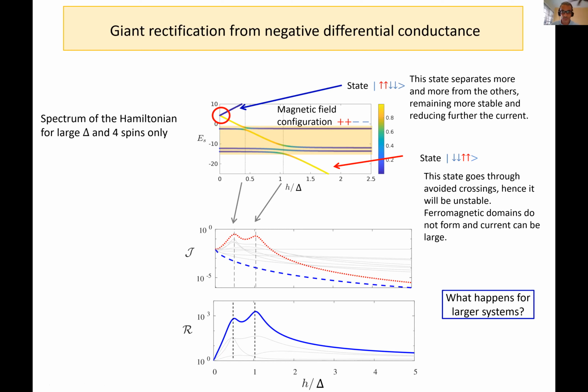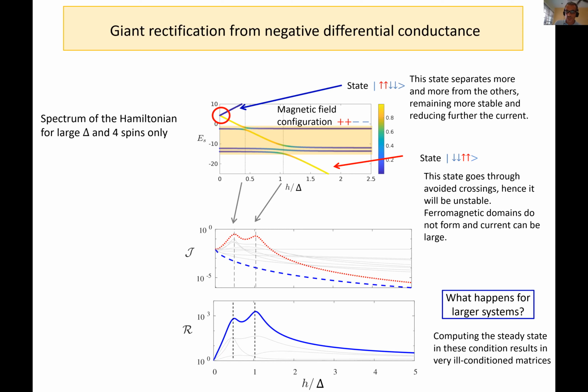Now, we cannot simulate these systems for very large system sizes. Why? Although we can use tensor networks, and we're quite familiar with these methods, which can for certain scenarios describe very, very large systems, for this particular configuration of negative differential conductance with very small currents, there are very small relaxation gaps, and the matrices you're playing with are very ill-conditioned.